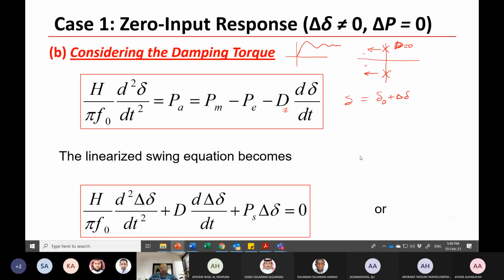Of course, to check the roots of this system, you can convert it to the Laplace domain.